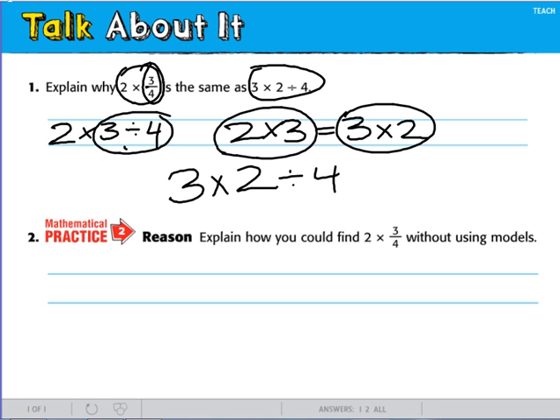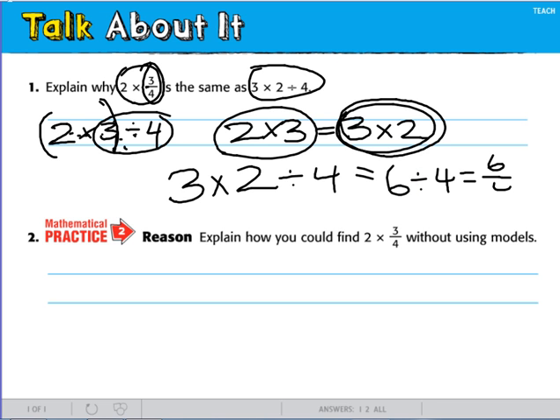So therefore, 2 times 3 divided by 4 is the same as 2 times 3/4. Because 2 times 3 is done first, when you have only multiplication and division in a problem, you go from left to right. Which means I can take 2 times 3 and switch it to 3 times 2, because you're going to multiply first, and either one is equal to 6. And then 6 divided by 4, which is equal to 6/4, which is equal to 1 and 1/2.